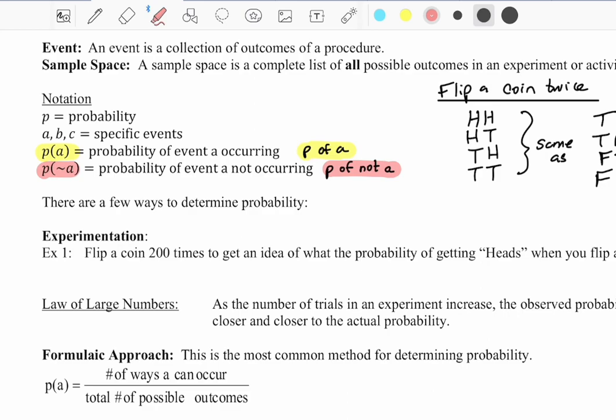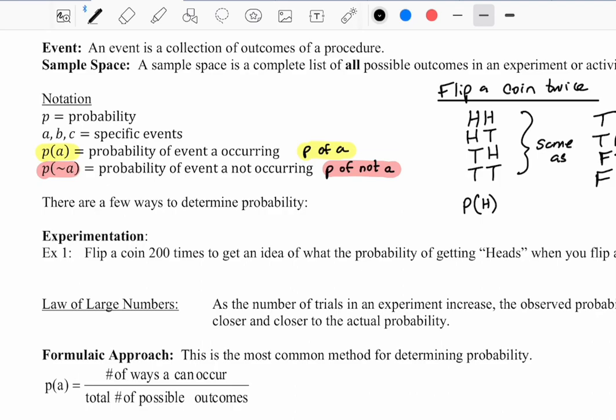That's the notation because I want you to be able to say, if I have P of H, I want you to be able to look at that and say, okay, that's a question, and that question is specifically what is the probability of getting heads when I flip a coin.